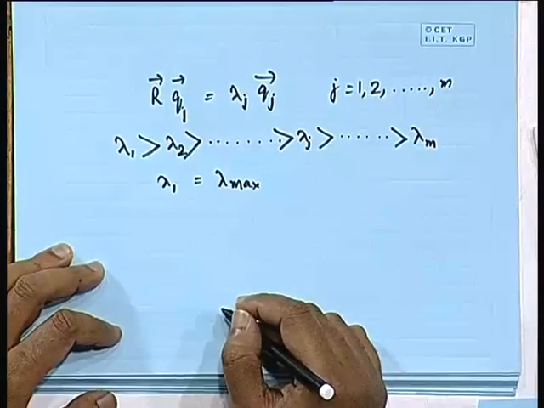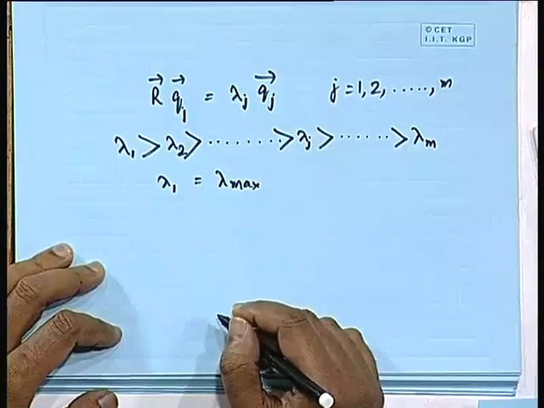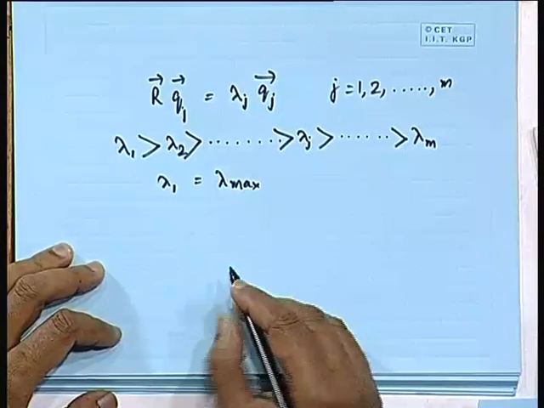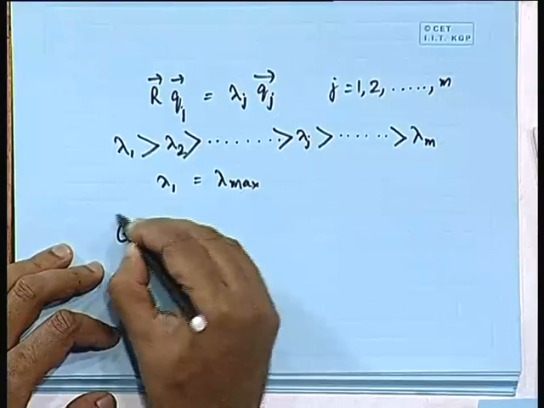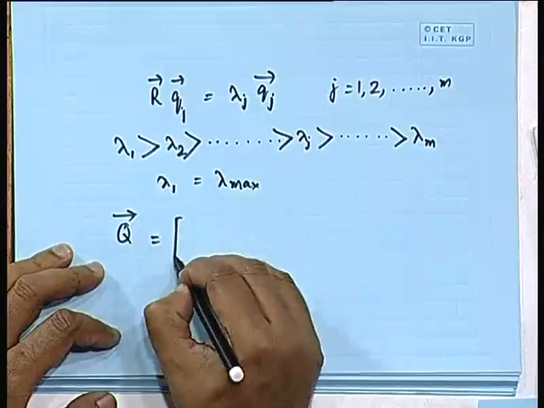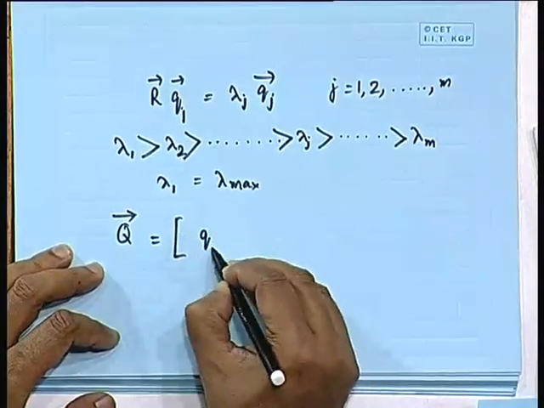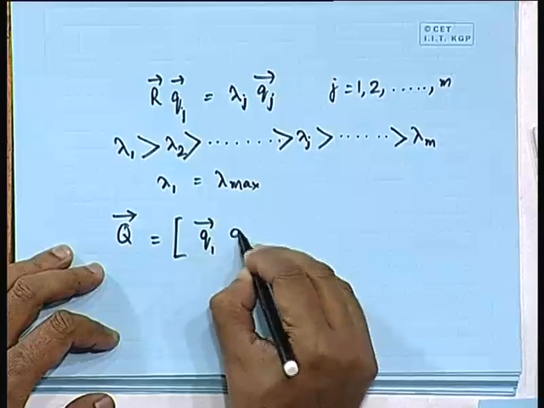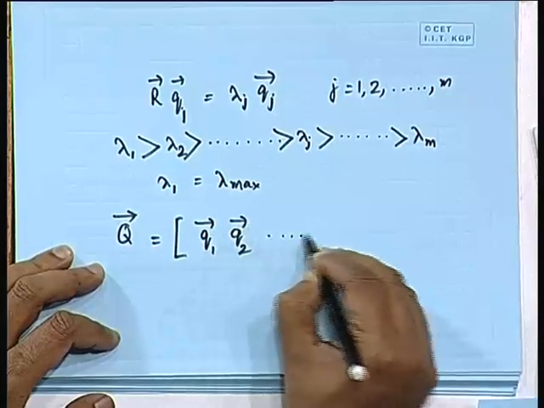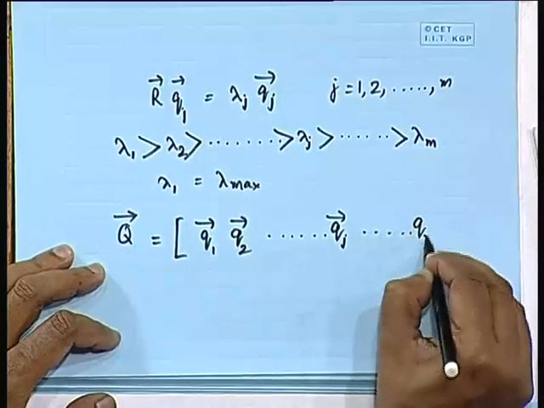And then we use the eigenvectors to constitute a matrix. So, we now define a matrix capital Q which is composed of the individual eigenvectors. So, we have q1 vector, q2 vector, here qj vector, lastly qm vector.